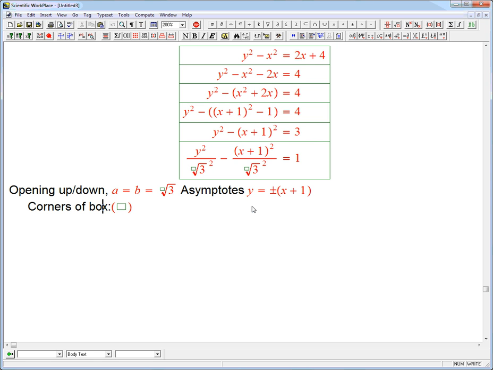So let's do the unshifted box and then we'll fix it. If we hadn't shifted it, we know we're just supposed to take this number plus or minus whatever under y, and there's the y variable, and this number, whatever's attached to x, plus or minus, is the x variable. And it doesn't matter so much for the box which one's called A and which one's called B. Now here they happen to be the same, so we're kind of lucky.